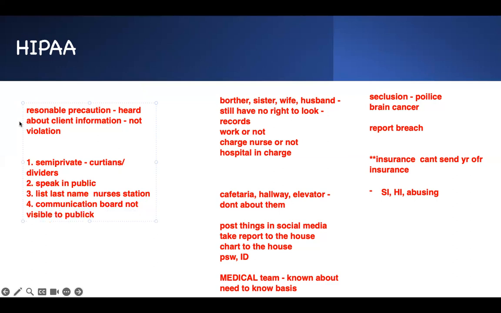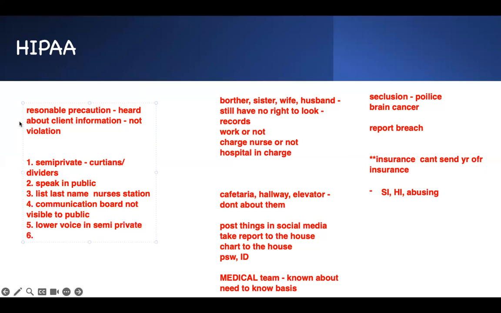Even though it has some client information on it, it's not visible to the public, so that's fine. When you are in a semi-private room, just lower your voice, in addition to the divider.